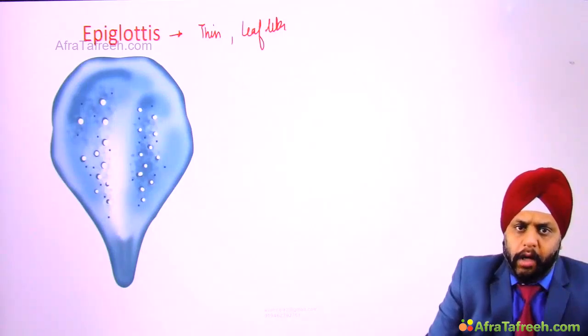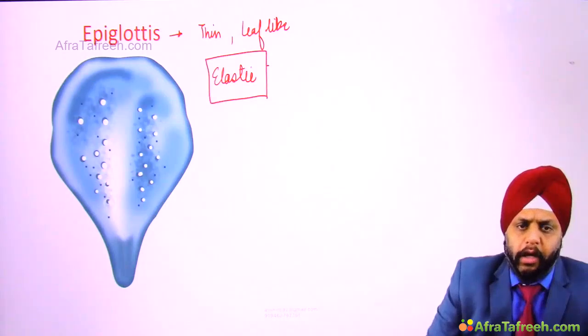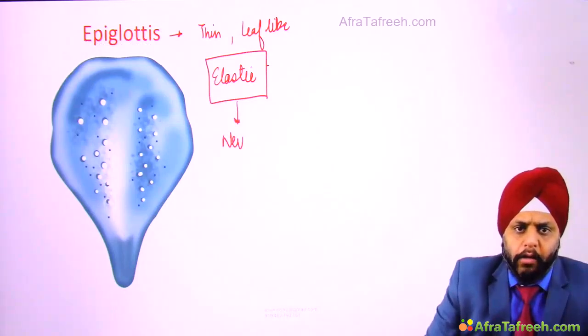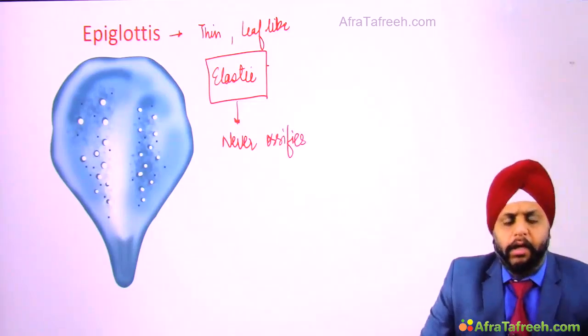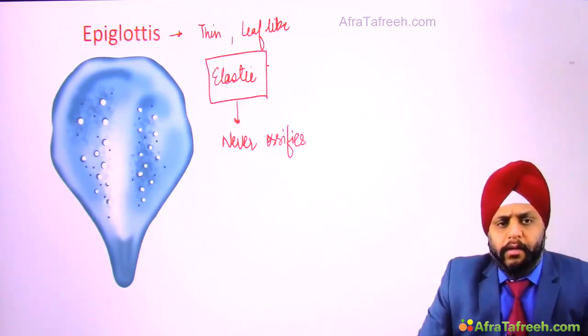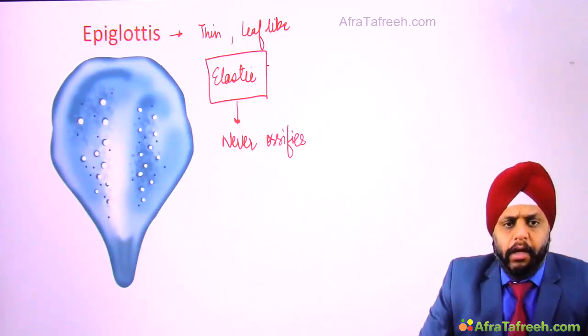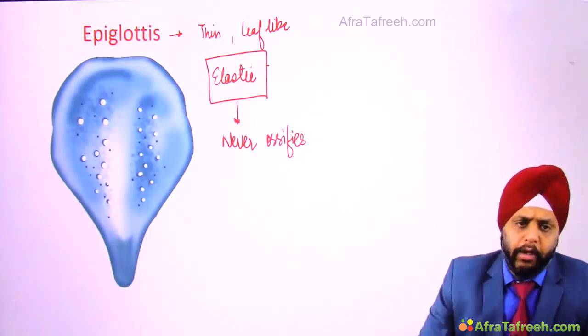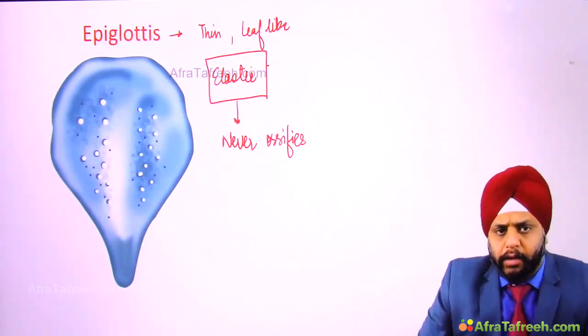This cartilage is made up of elastic cartilage. So we know the advantage of elastic cartilage: it never ossifies. So the epiglottis is a thin leaf-like cartilage that never ossifies, so it will always remain cartilaginous.